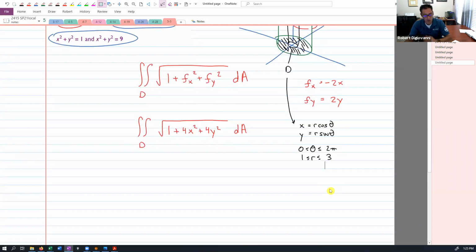So we're going to go to polar now. Double integral, let's go 0 to 2 pi on the outer one, 1 to 3 here. Square root of, okay, now this looks like a mess in here, but if you pull a 4 out of there, you get 1 plus 4 times x squared plus y squared. But what's x squared plus y squared in polar?